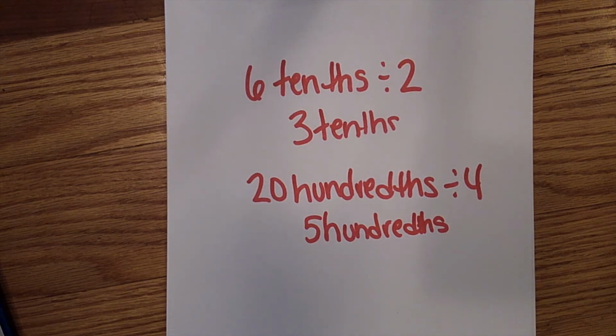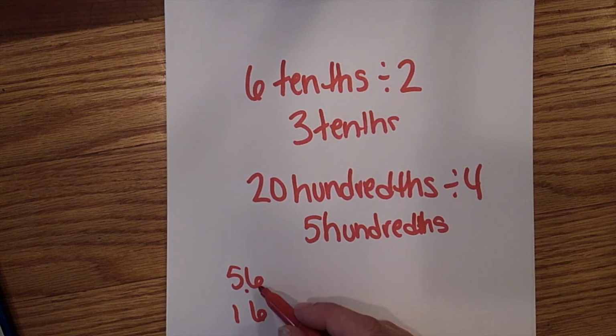So if you roll a 5 and a 6, you have a choice. It could be 56, or it could be 5 and 6 tenths. If your child rolls a 1 and a 6, in that case, you would want it to be 16. I already have a decimal. So then you're going to first estimate the answer, and then you're going to divide using the standard algorithm.